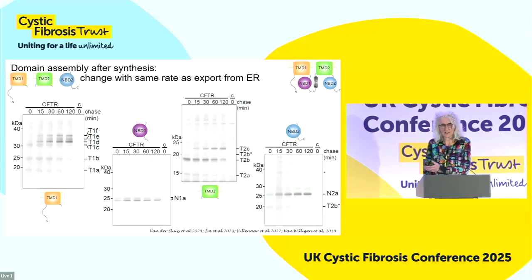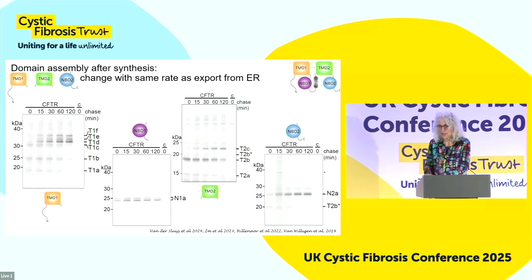If you then look at the later times, you see you get larger fragments for TMD1 and TMD2 and for NBD2. So these three domains together, they assemble, they go at the same rate, they pack together, and they do so at the time the protein leaves the endoplasmic reticulum. We identified all these fragments.